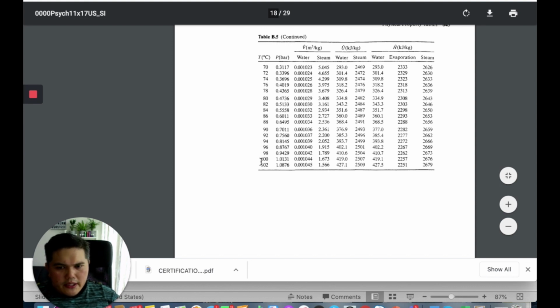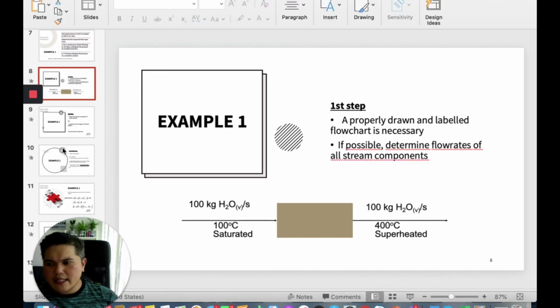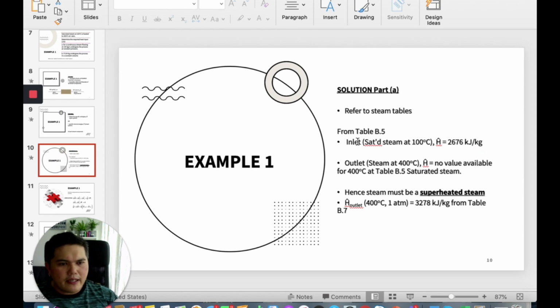So when you go straight to 100 degrees, you know that the value is 2676. This is what we call specific enthalpy, in kilojoule per kilogram. So in this slide you have the information that the inlet saturated steam at 100 degrees Celsius is 2676 kilojoule per kilogram.